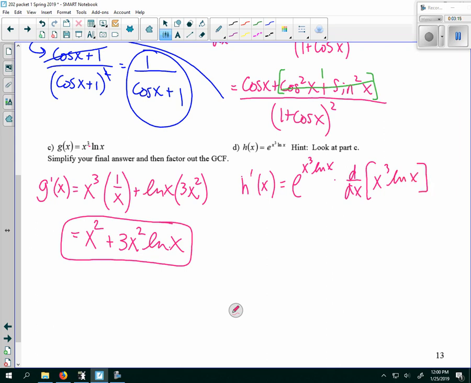And I happen to know the derivative of x cubed ln x from the answer to the previous problem. So this is going to be e to the x cubed ln x times the answer to the previous problem, which was x squared plus 3x squared ln x.